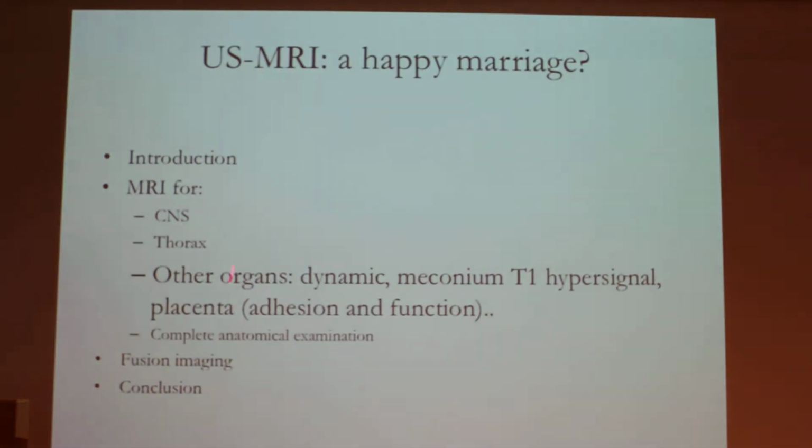So for the other organs, what you must remember is that dynamic sequences can help you mainly for the digestive and gastrointestinal tract anomalies, and MRI is also very useful for the assessment of the placenta, either for the normal adhesion or the normal function.